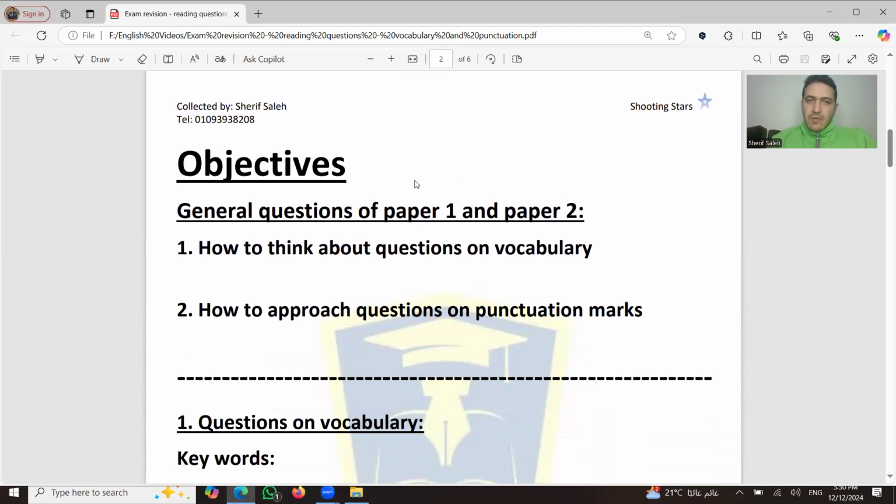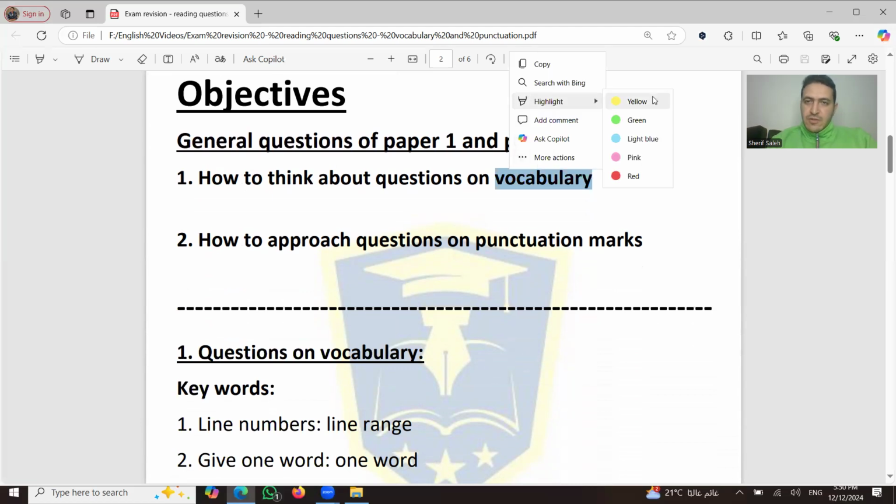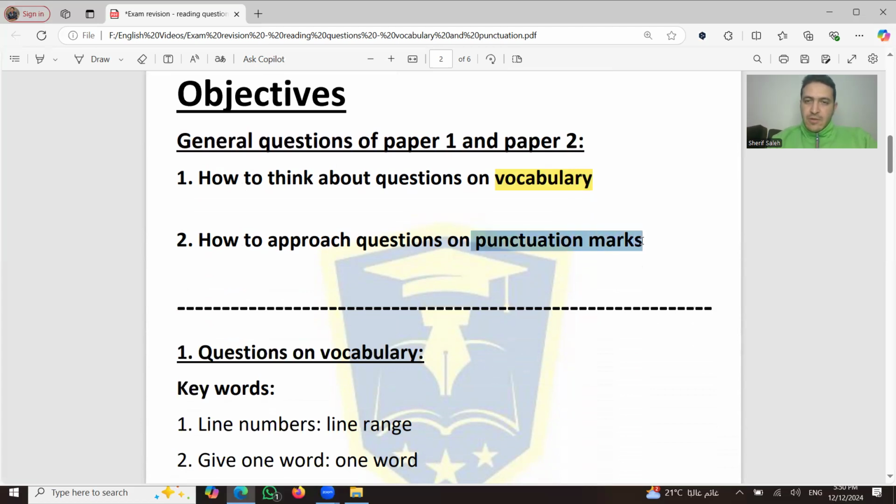Paper 1 is nonfiction, paper 2 is fiction. These general questions are mainly about vocabulary. Sometimes we have questions on vocabulary, and other questions are on using punctuation marks such as commas, semicolons, colons, dashes, brackets, exclamation marks, and so on.